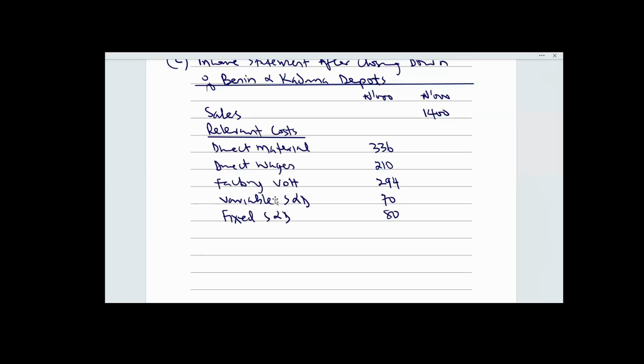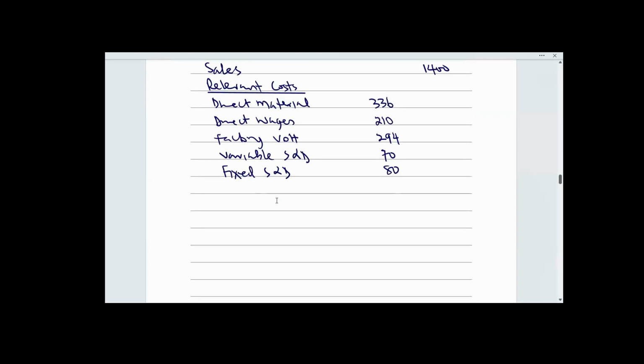All right, so that's all. Those are the relevant costs relating to Lagos. We add it up, and that will give us 990. Then 1,400 minus 990 is 410. That represents the contribution margin for Lagos.